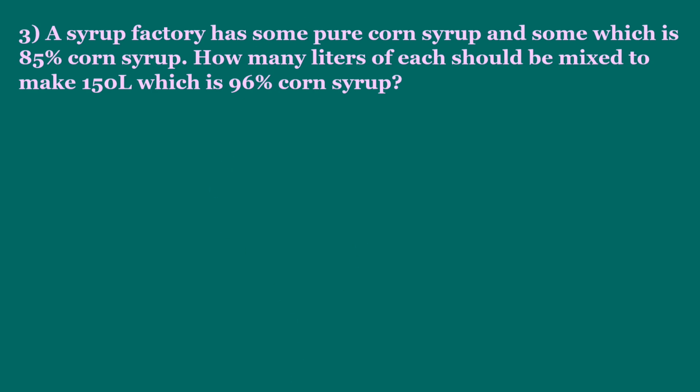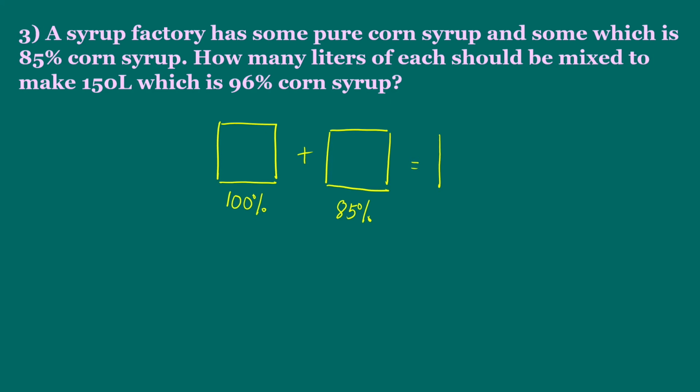So we have here to be mixed with each other are pure corn syrup. When we say pure, the assigned percentage for pure is 100% corn syrup. And then we will add this to 85% corn syrup to create or to produce 96% corn syrup.